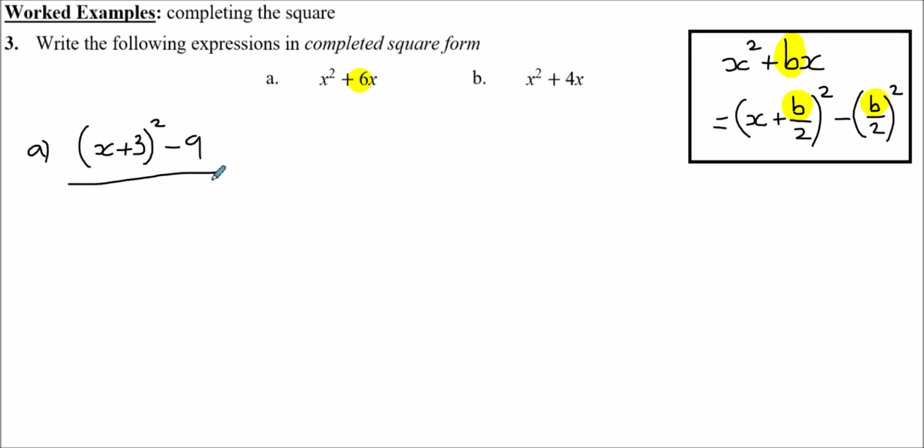So it's as simple as that. For part B, in the bracket we put 1x and half of the coefficient of this x here. Half of 4 is 2. Square that. Then we minus off the 2 squared, so we minus off 4.